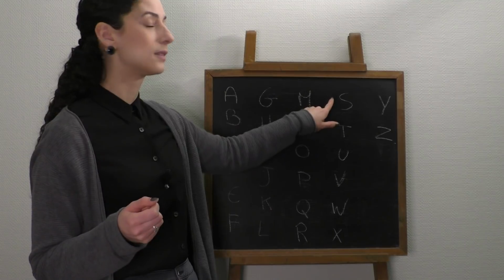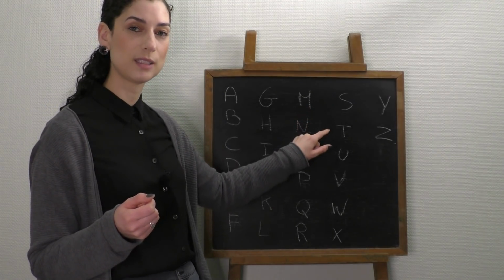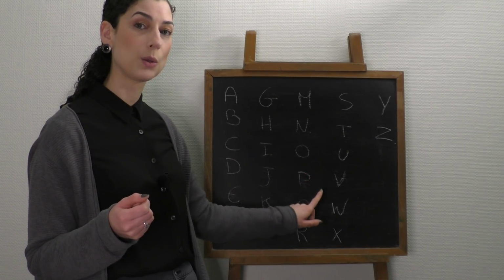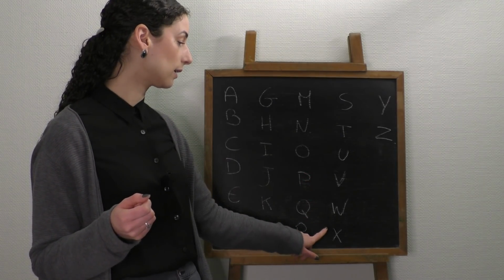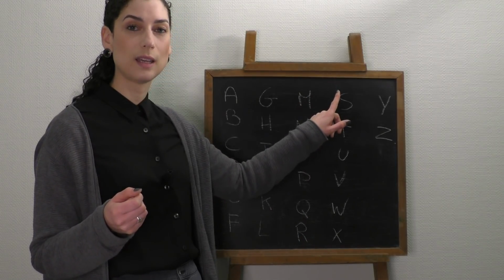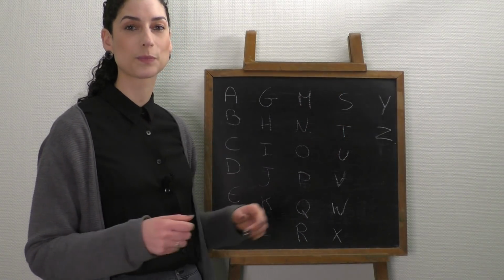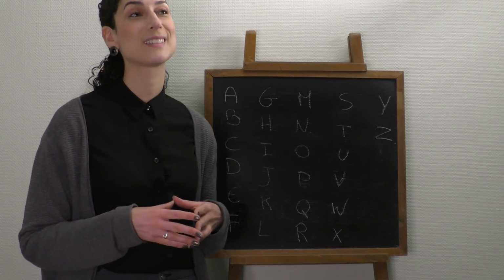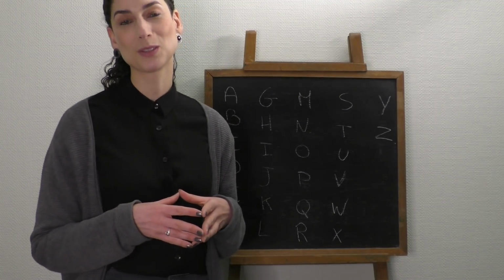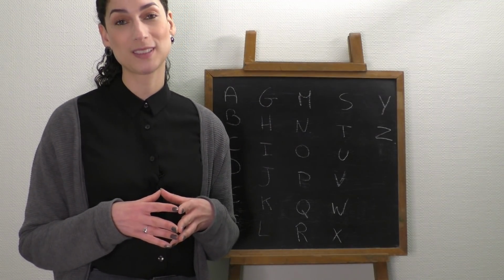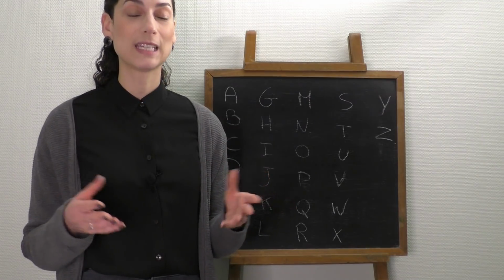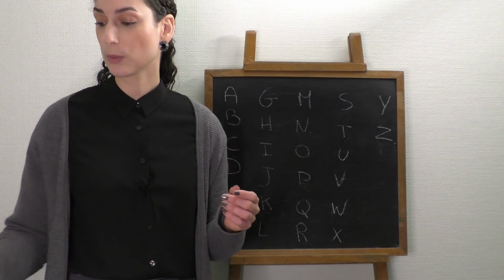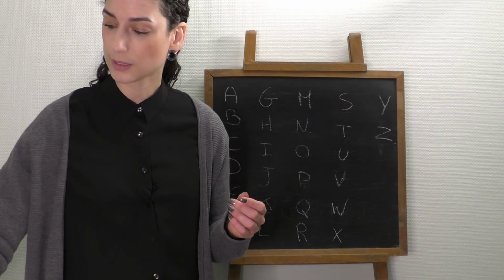So again, S, T, U, V, W, X, Y, Z. Okay, so that's the alphabet. Same script, same amount of letters, but it does sound quite a bit different. Okay, so we're going to run through it as a group now.